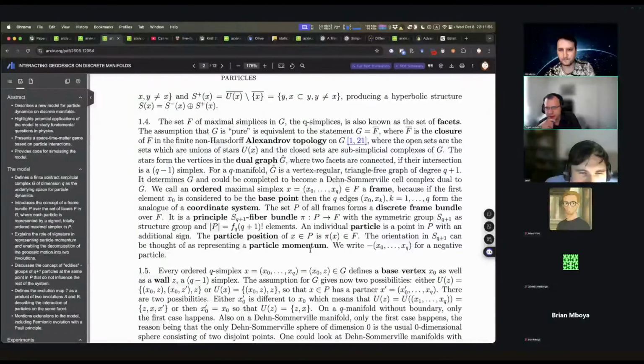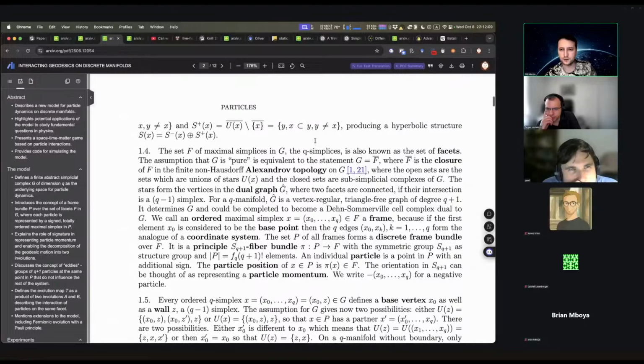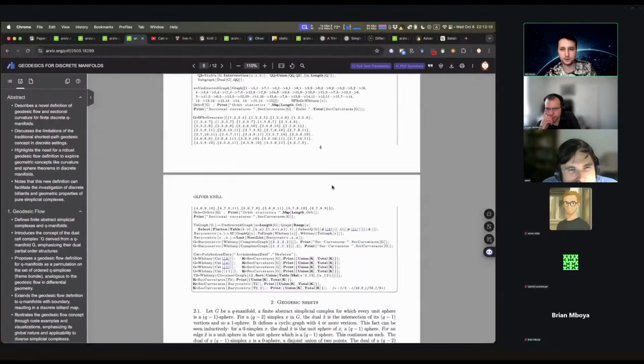Dual graph there. I had some definition with the intersection. Maybe.